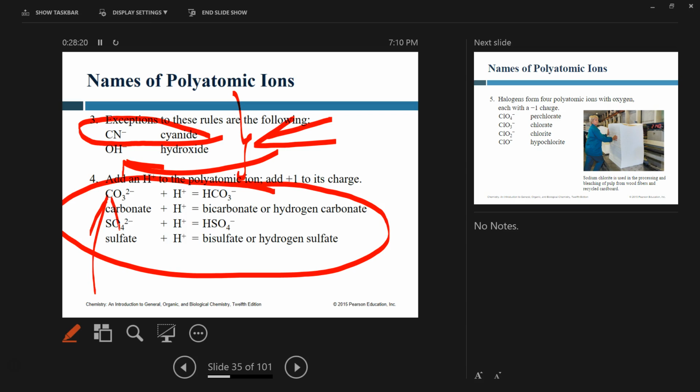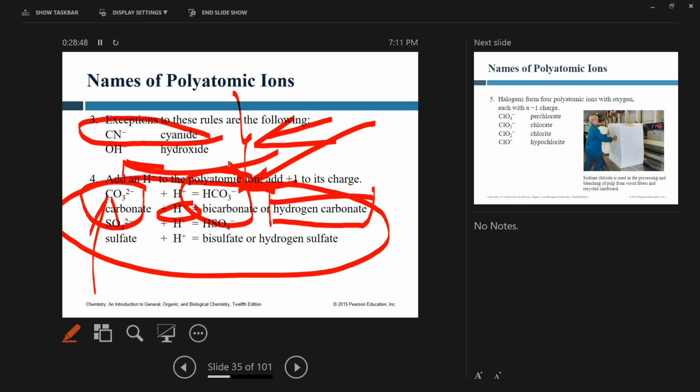Does that make sense? So, carbonate. If you add H, you get hydrogen carbonate. By the way, since H is always positively charged, you add H and the charge of the anion becomes 1 negative charge less. So it used to be CO3 2 minus. Now it's HCO3 minus. Got it? Minus 1, yeah.